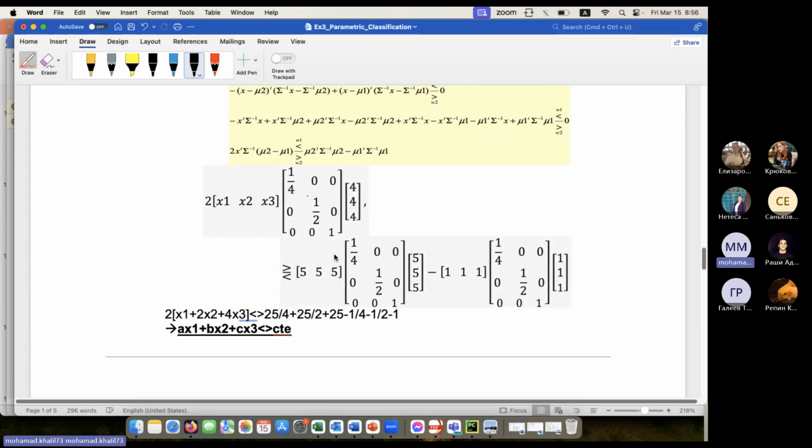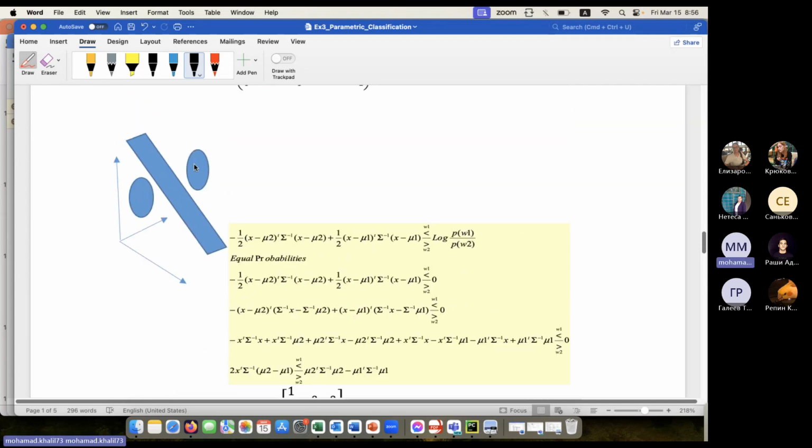What is the value here? 25 over 4 plus 25 over 2 plus 25, and here 1 over 4 plus 1 over 2 plus 1, minus. If you continue, you get a constant, and here is a line. You have ax1 plus bx2 plus cx3 equals a constant. This is a plane. So you see, if the two axes are identical, here is 1, 1, 1.